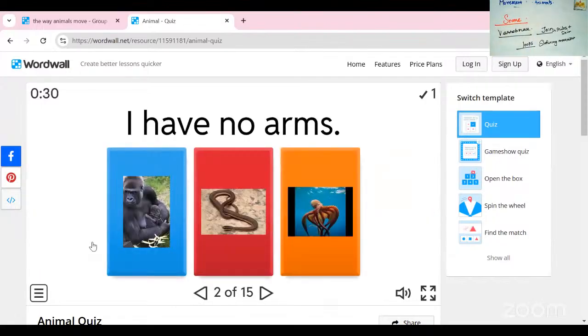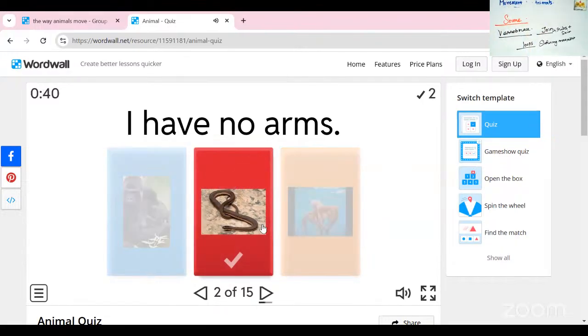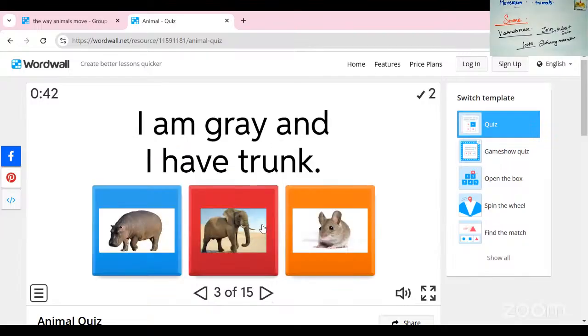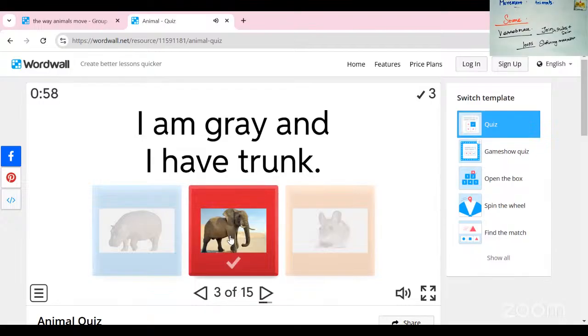Next one: I have no arms. The center animal, the snake, has no arms. That is the right answer. I am gray and I have a trunk. Who has a trunk? Rhino, elephant or rat? Yes, the elephant has a trunk. Its body is gray in color.